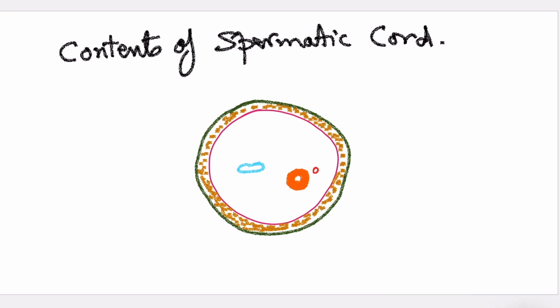There's one more artery within this, a bigger artery, the gonadal artery, also called the testicular artery. There's one more artery which is supplying this muscle coat, this cremasteric fascia. So you can place it here, within the cremasteric fascia, because it's for this muscular loop. So this is the cremasteric artery or artery to cremaster.